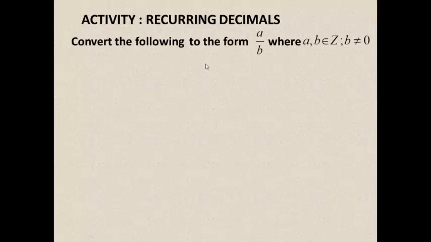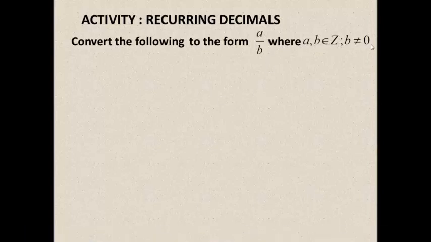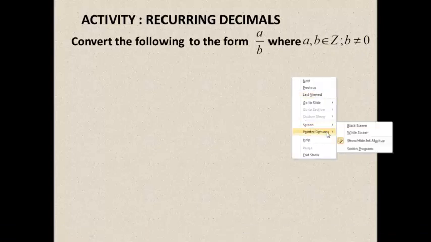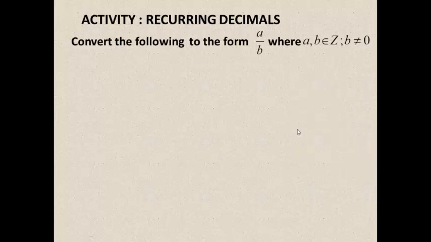Okay. Activity: recurring decimals. Guys, I want you to do this activity. Convert the following to the form a over b, where a, b are elements of integers and b is not equal to 0. Take out your writing material together with your pens and you can go ahead. You need to copy down the questions.